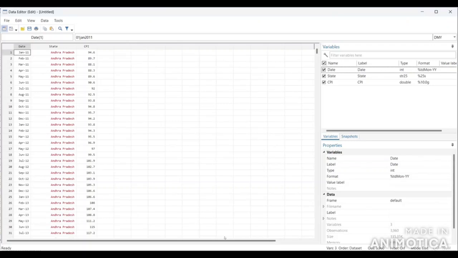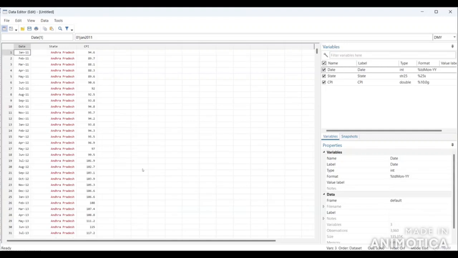So basically I have taken the data from January 2011 to February 2020 of all Indian states and union territories. The data is of food and beverages inflation, taken from the Database on Indian Economy, Reserve Bank of India. Why have I taken data till February 2020? Because I have taken the pre-COVID period.